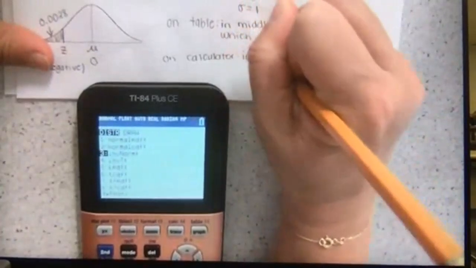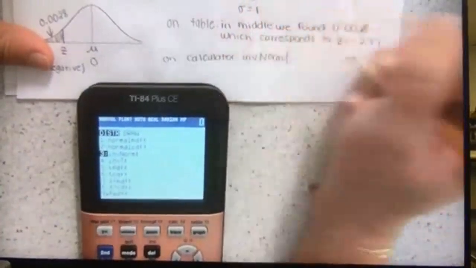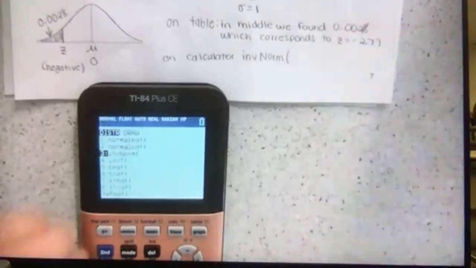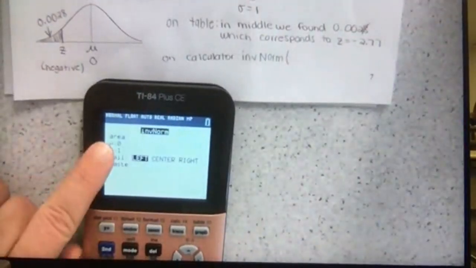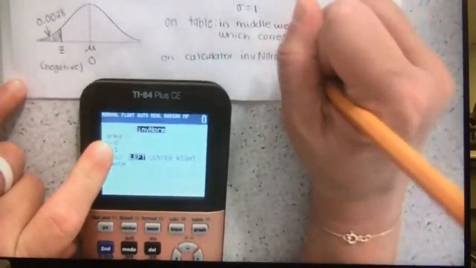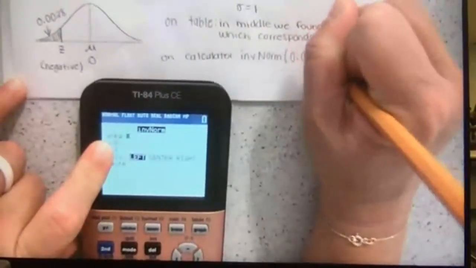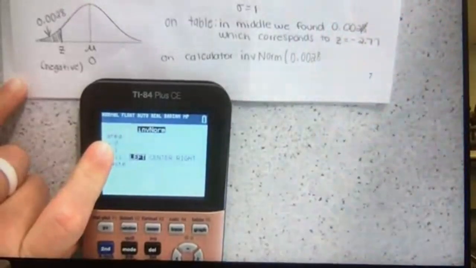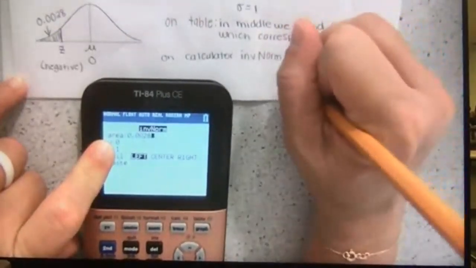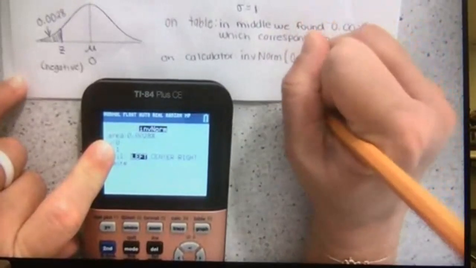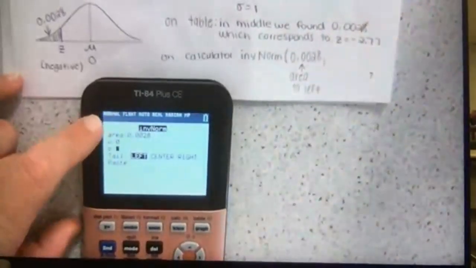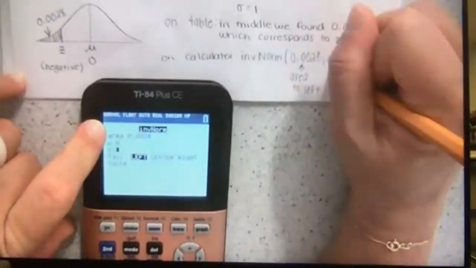So inverse norm. Notice it says area. Our shaded area was 0.0028. So that's our area to the left. Our mean is 0 and our standard deviation is 1 because we're talking about z's.